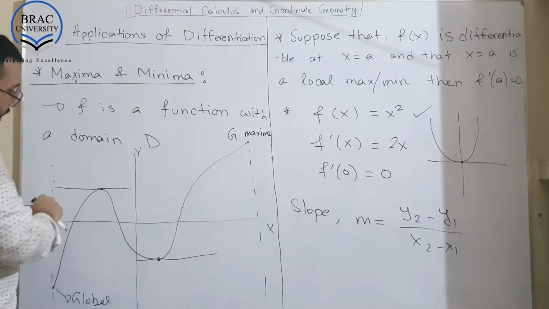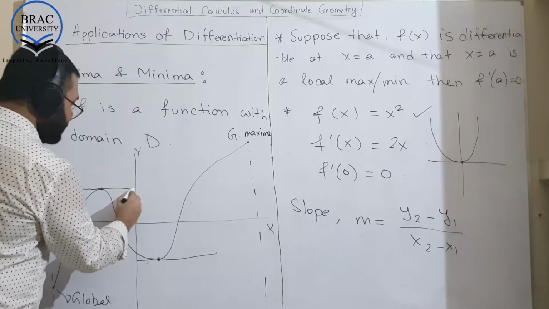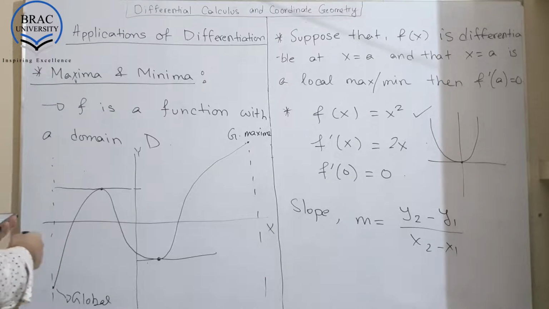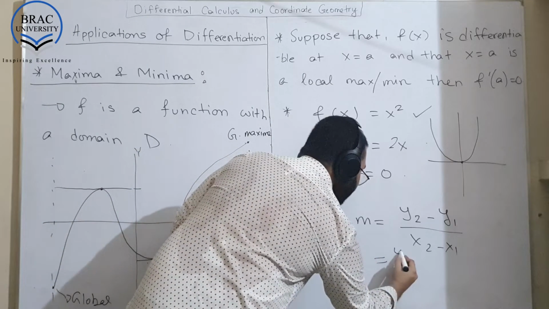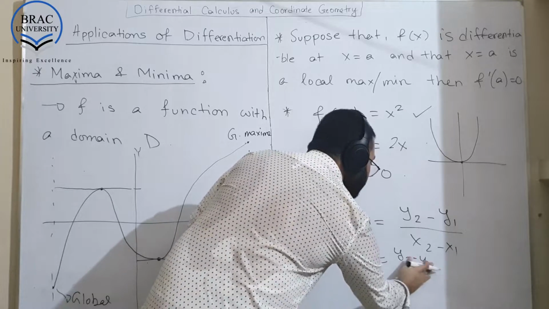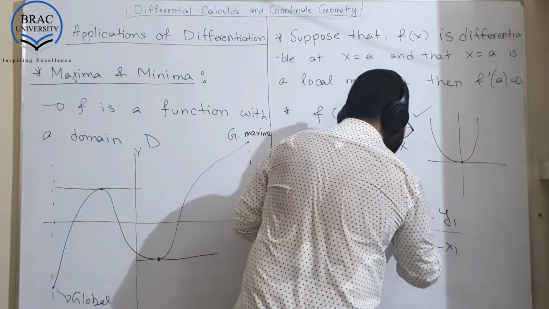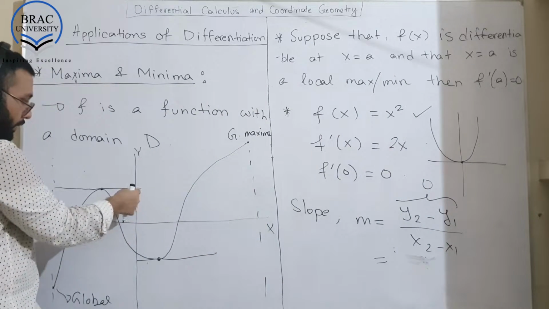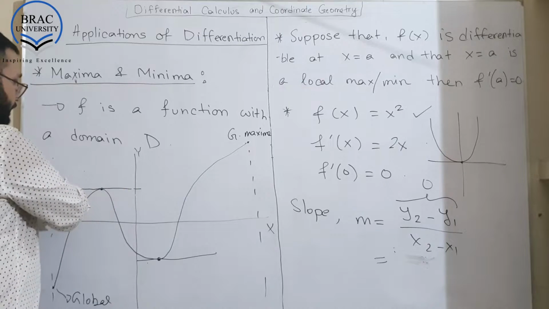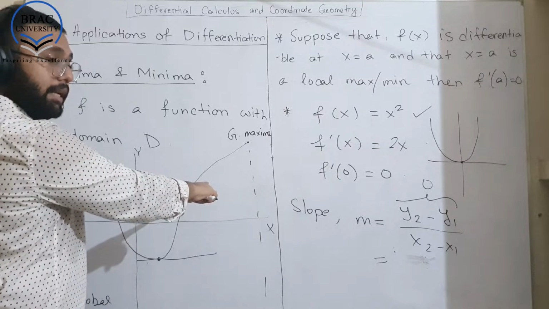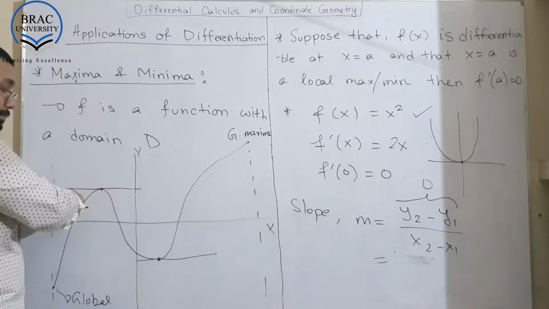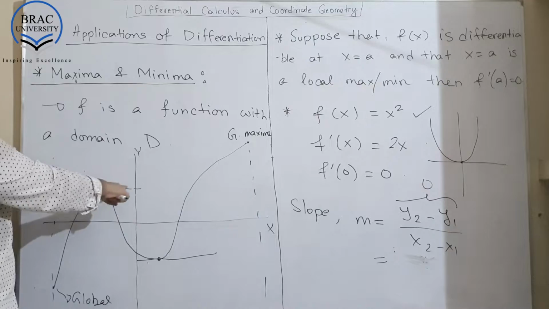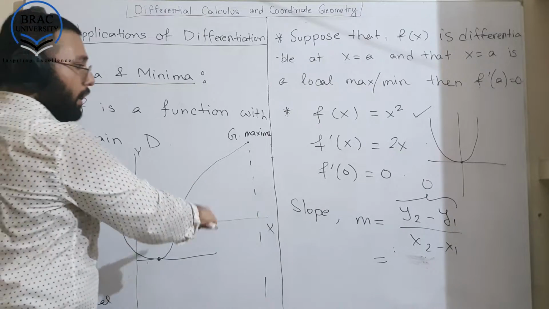What is the slope of this tangent line? It has the same y value. So what should y2 minus y1 be? It should be 0 because they have the same y value. It's a horizontal line, and the slope of a horizontal line is 0, since the difference in y coordinate is 0 for this tangent line.